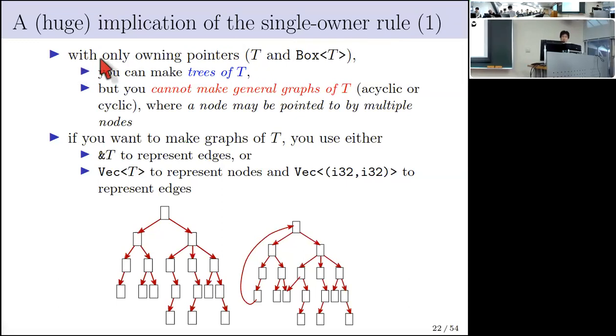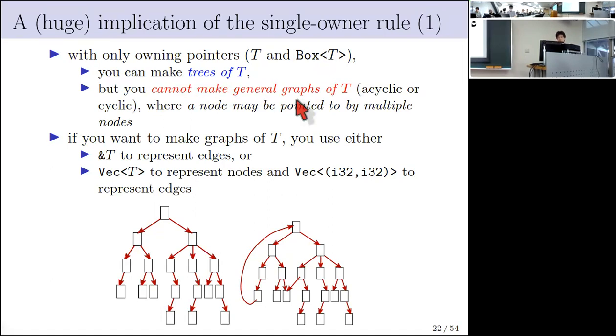One of them is that with only owning pointers, forget about the borrowing pointers for now, I haven't talked about pointers to T or a Box T, you can make, for example, a tree of T like this.